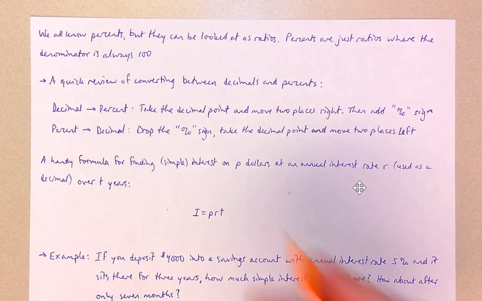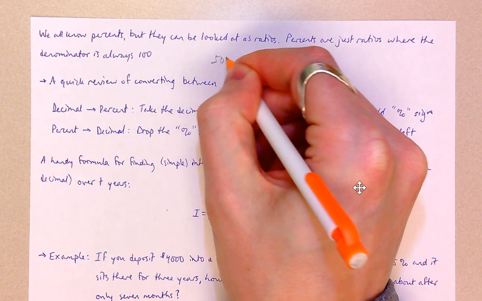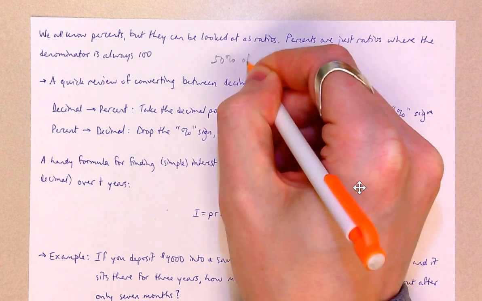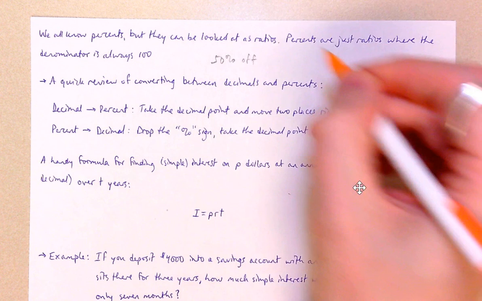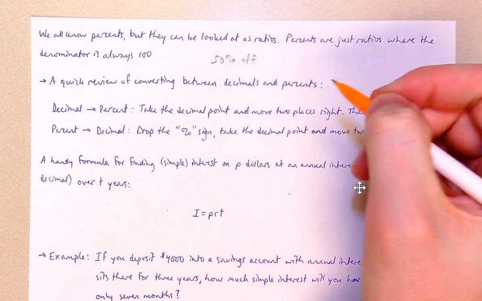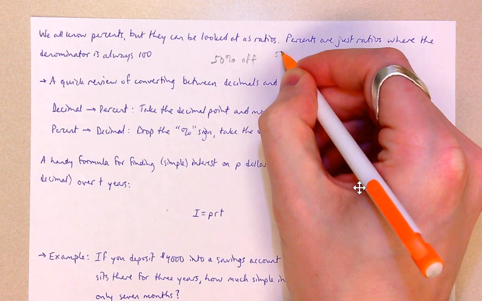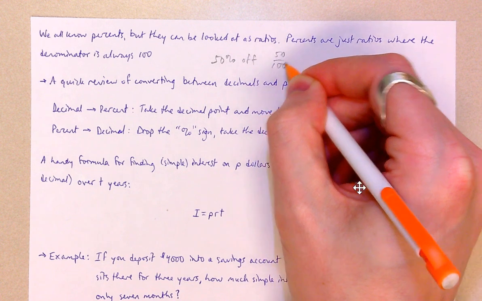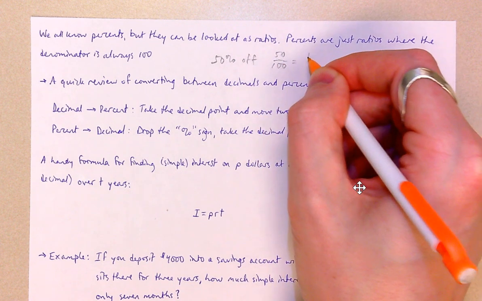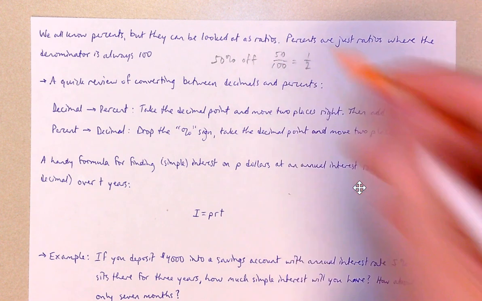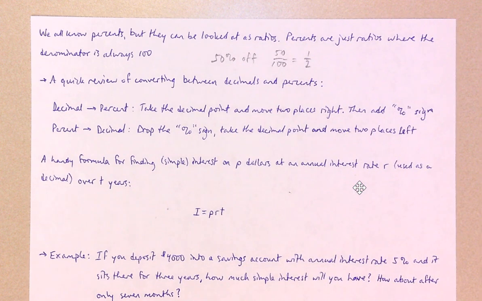So if you see, say, 50% off, then as a ratio, you can say that's 50 over 100, and I think we all know that 50 over 100 is the same thing as 1/2, so it's half off, or ratio of 1/2.